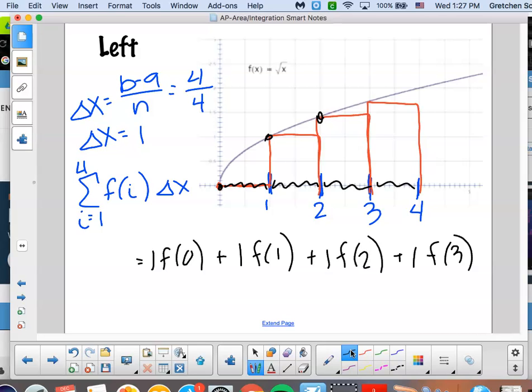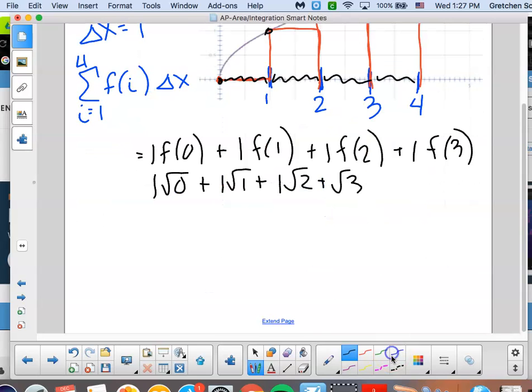So it's really just going back to base times height. Remembering your height is coming off of the function. So how far off is this one from the right side? 2.